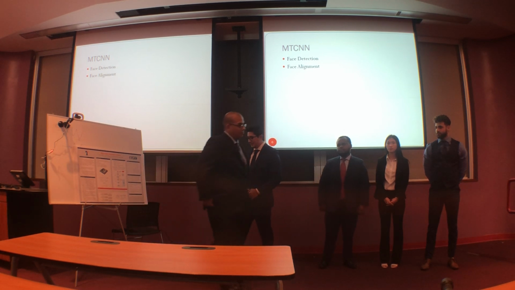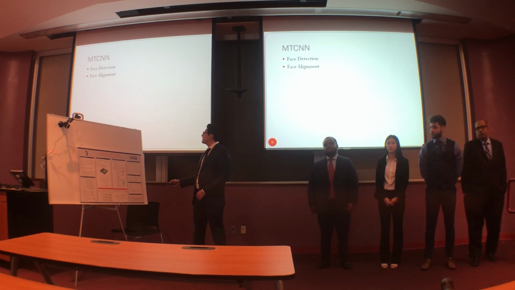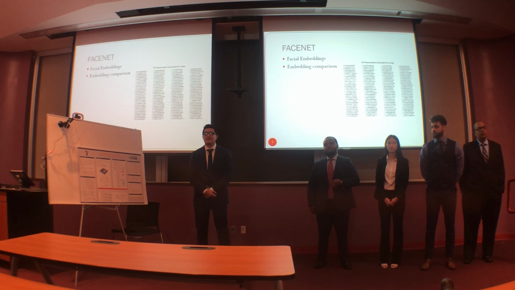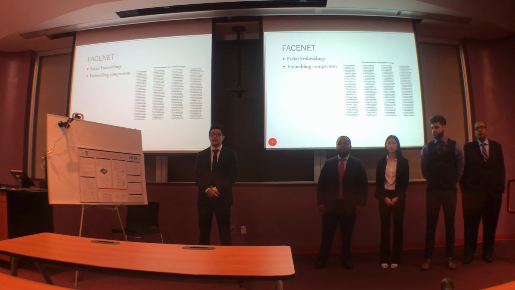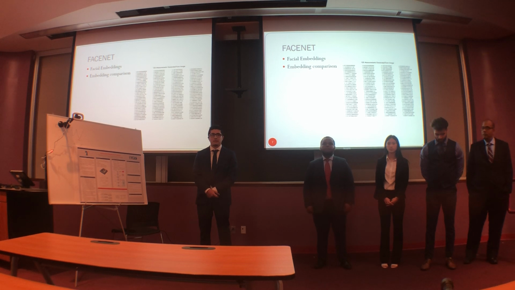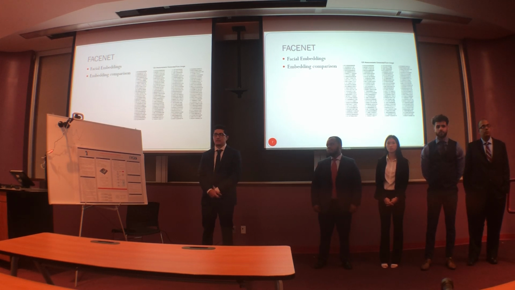Thank you. So the next big part is FaceNet. FaceNet is a convolutional neural network that specializes in facial structures. It extracts embeddings from faces and images, and in our case, these images come directly from MTCNN, as Angel just described.